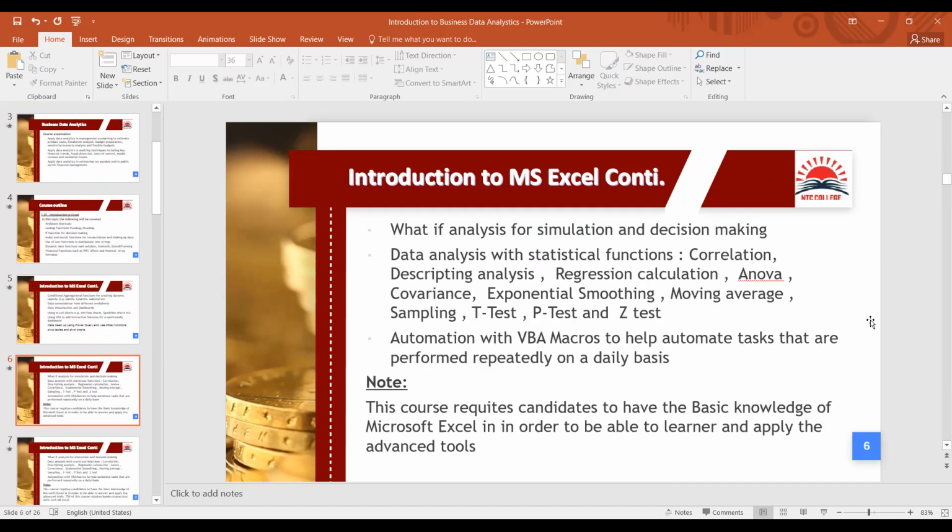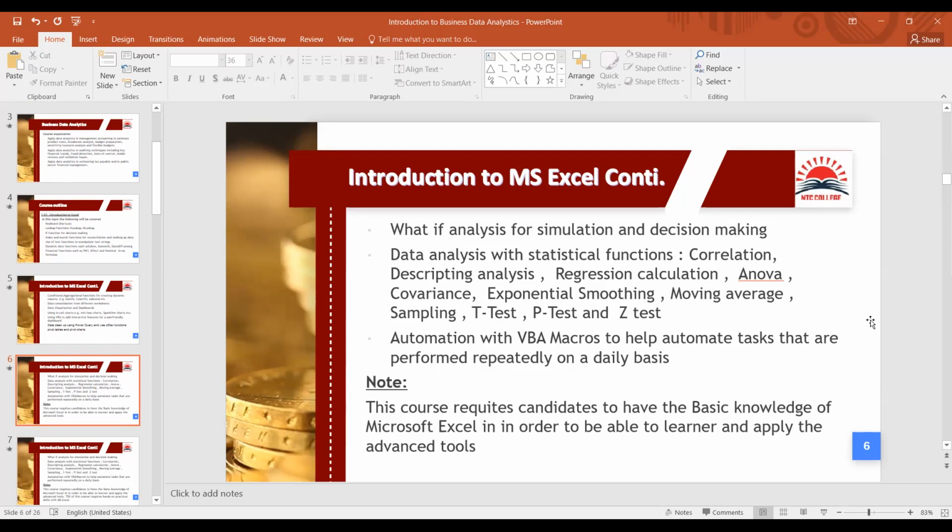Then there's also another element of what-if analysis for simulation and for decision making. I remember when you are doing forecasting, sometimes it's important to be able to understand different case scenarios.